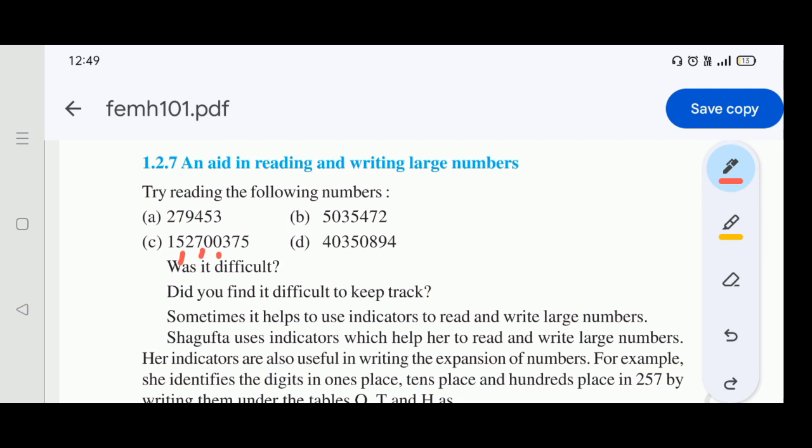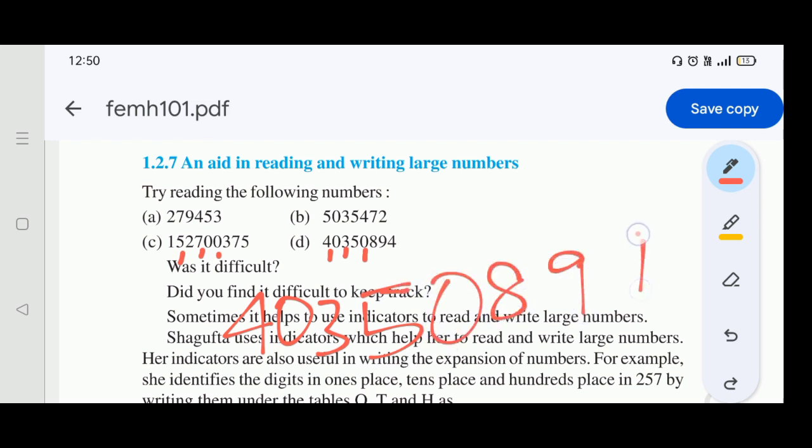The D part is, it is thousands, 10,000s, lakhs, and this is crores.